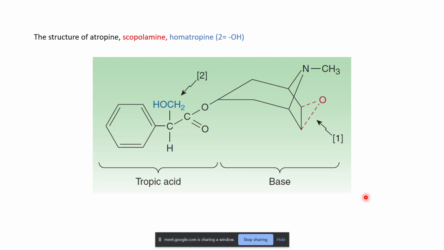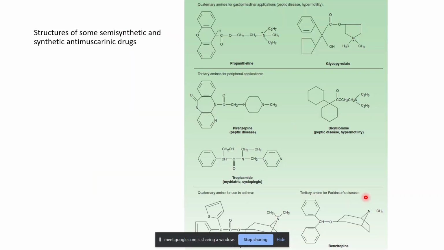There are also many synthetic molecules that have anti-muscarinic effects, and these are examples of synthetic anti-muscarinic drugs, and mostly they act on the central nervous system or the eye.